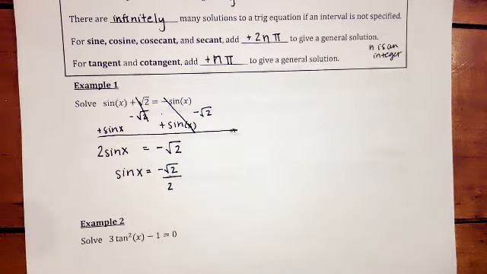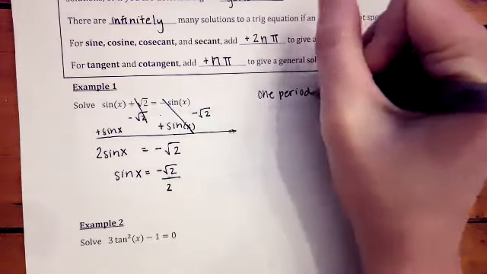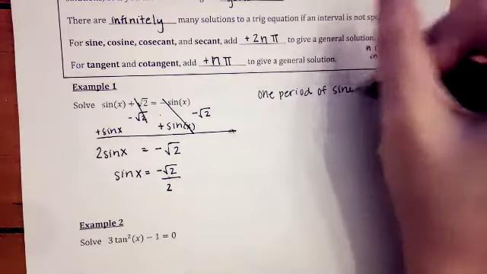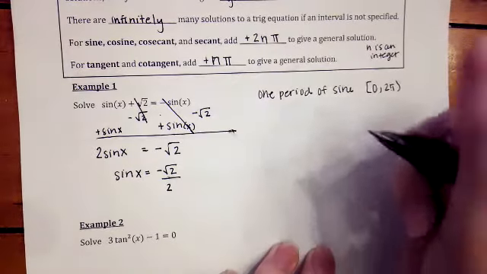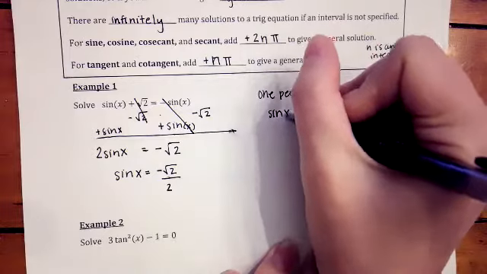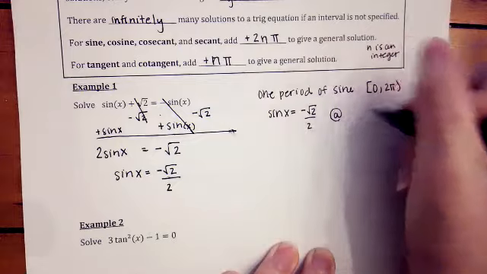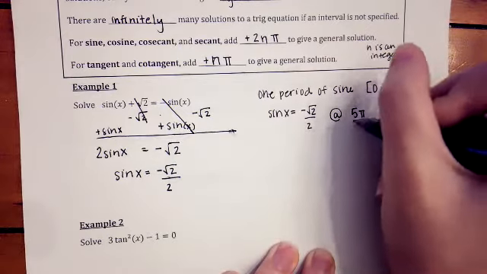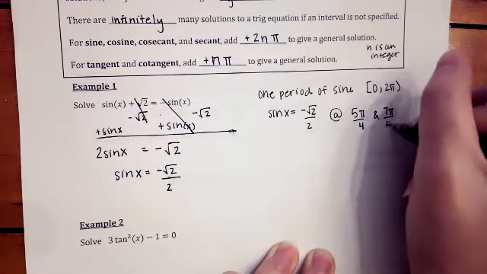And if we're looking for a general solution, we're going to have to add some stuff to this. We know that one period of sine goes from 0 to 2 pi. And we want to find where sine x is equal to negative radical 2 over 2. If we look at our unit circle, we will see that that is at 5 pi over 4 and 7 pi over 4.